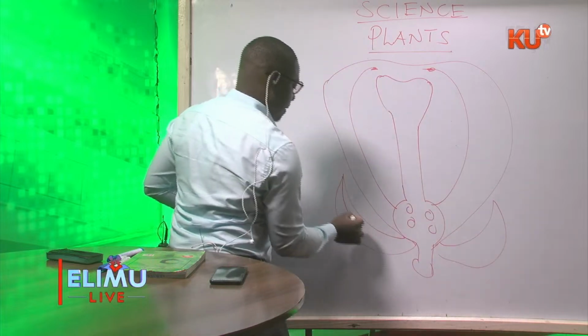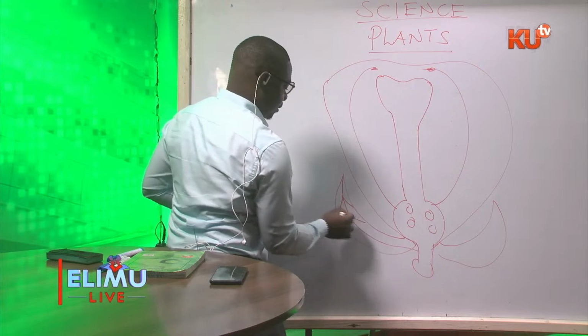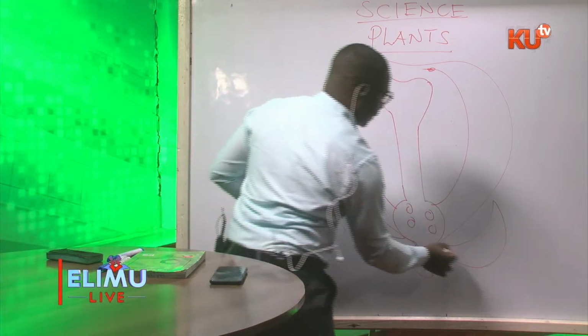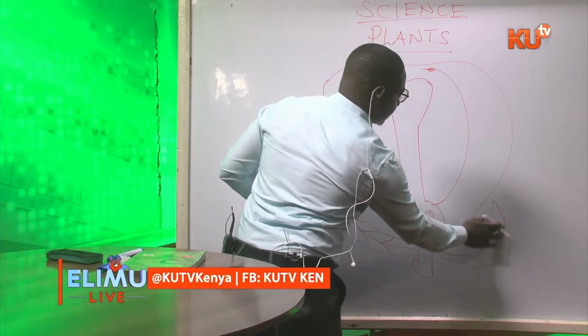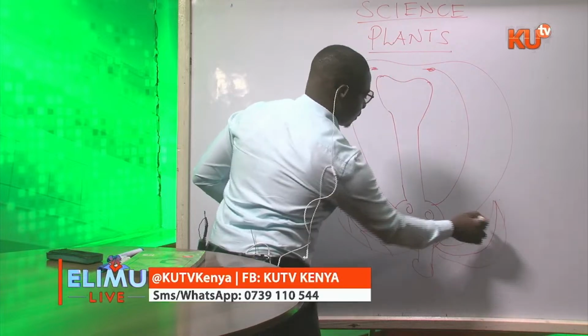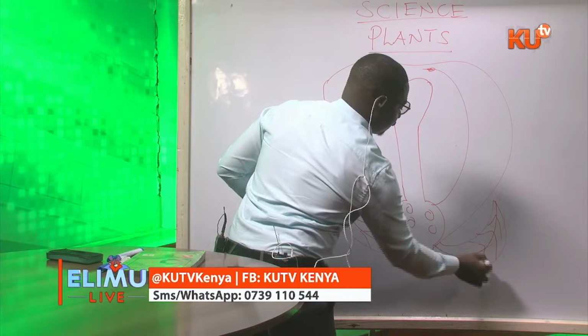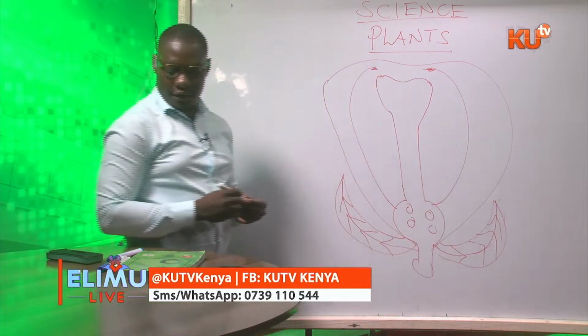So I have drawn an example of a diagram that represents a flower. I believe all of you can see that, the viewers.